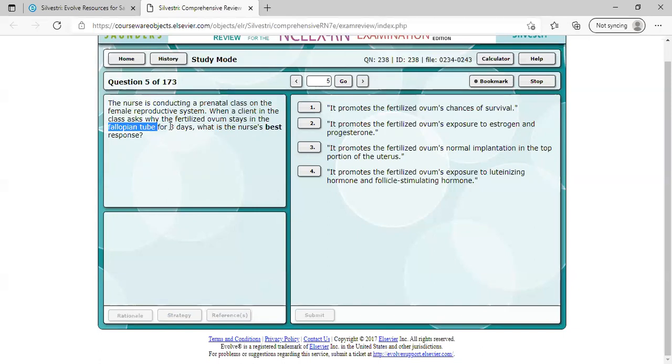Why after 3 days do they come to the fundus or cavity of the uterus? What is the best response?